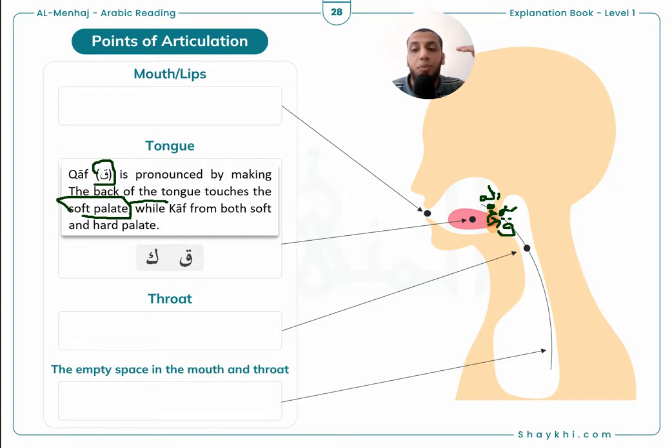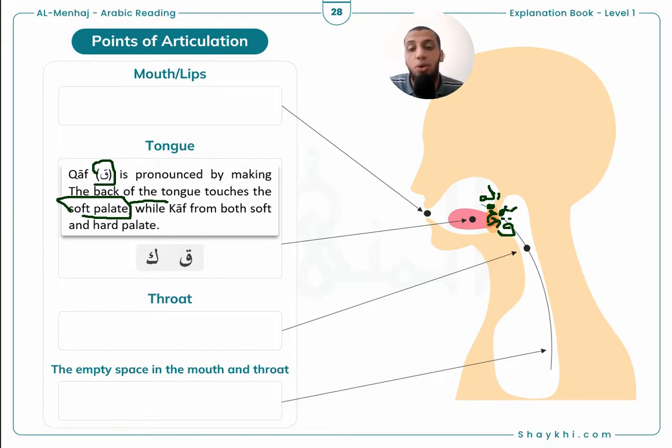Qa: the back of the tongue touches the soft palate, and the back of the tongue is raised also. Ka: the back of the tongue touches both the soft and hard palate, but is not raised.